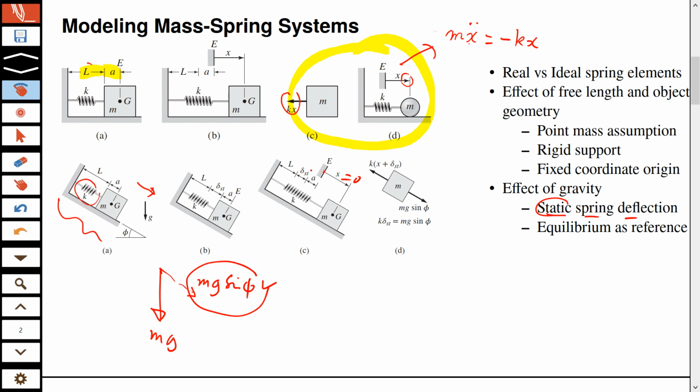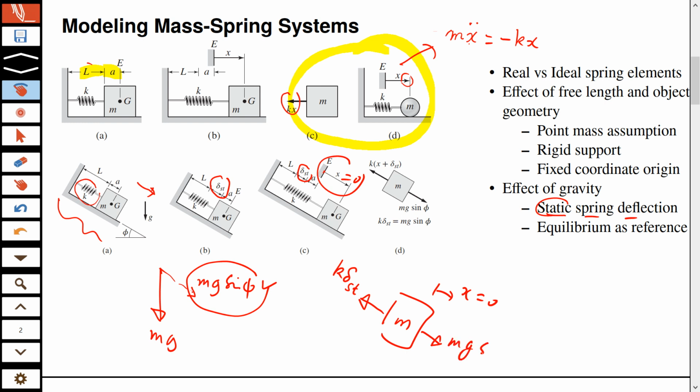So when it stops there, this static deflection will still be there. Now, if you have this mass m, and let's say this x is 0, no further displacement, but this initial displacement delta st, the restoring force because of that will be k times delta st, and this was a result of this force, which is mg sine of phi.